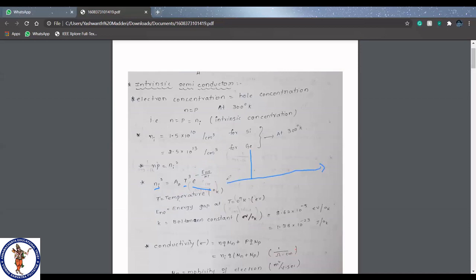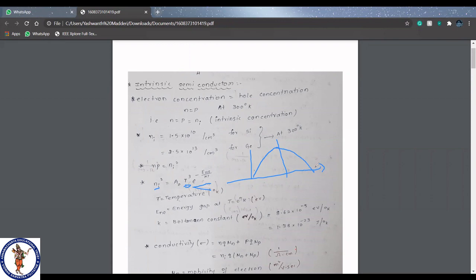What I mean to say is that initially the concentration will increase. After a certain temperature, this exponential factor will dominate compared to this, and we will get a negative impact.